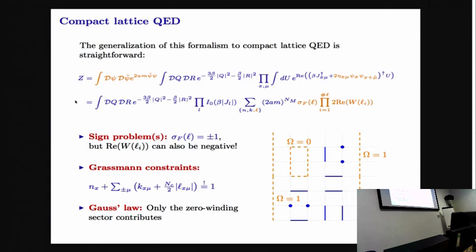This is just the value of the Wilson loop following the electron lines, and this can also be negative. So this is the trade-off that we get from trying to integrate out everything at arbitrary values of theta. It's also easy to see from here that only the zero winding contributes as usual, but this does not help much with the sign problem.